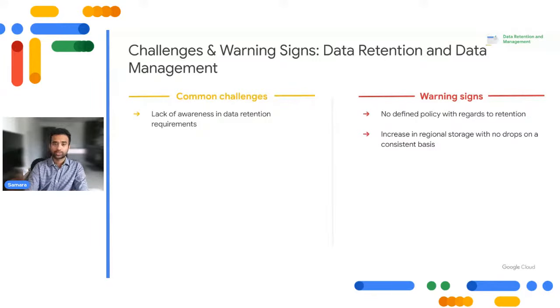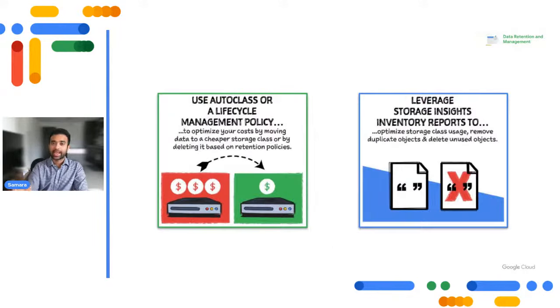So we have gone through some of the challenges and warning signs within data retention and management, but how do we address them? The first opportunity here is using Autoclass or lifecycle management policies. We already covered Autoclass in the previous section, and in this section, we will focus on OLM, Object Lifecycle Management policies.